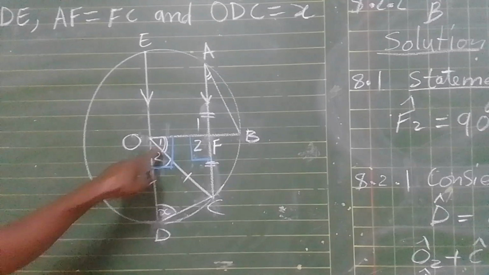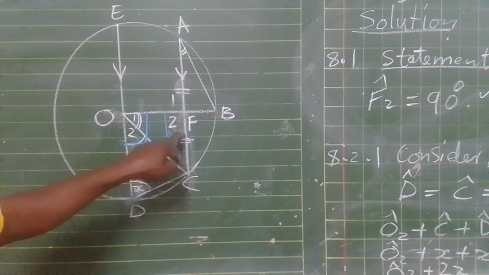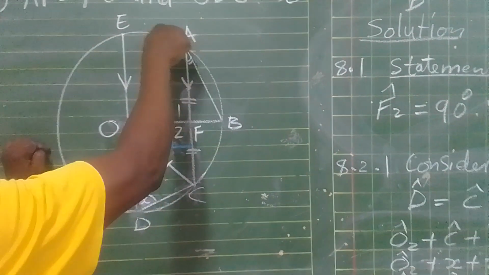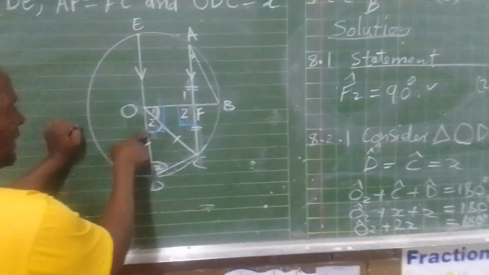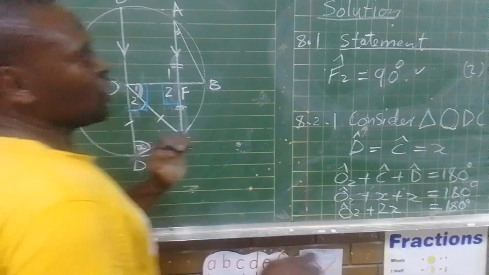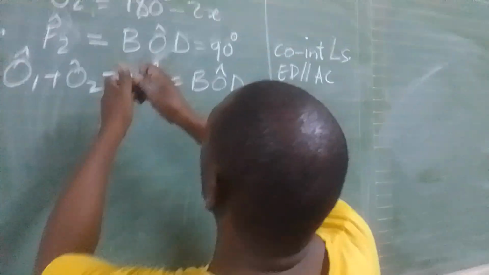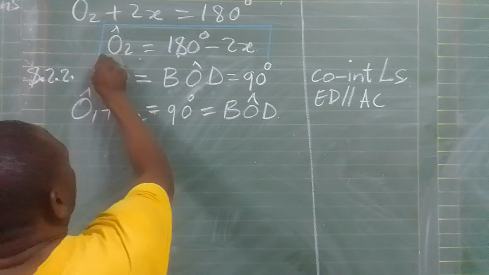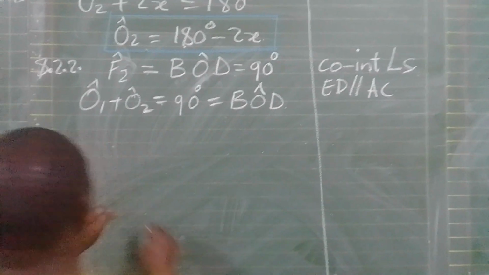BOD is O1 and O2, which is equal to F2, both equal to 90 degrees due to ED parallel to AC. Then this angle here is going to be co-interior with that angle. Right? We have O2. O2 has been calculated here. We can find O1.